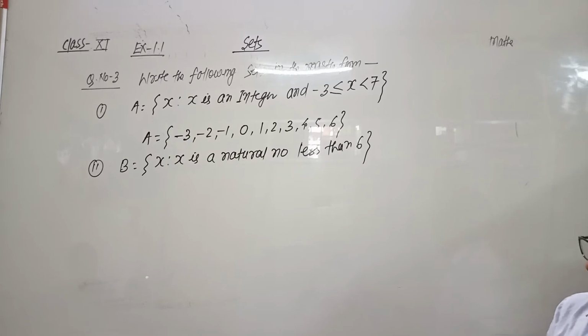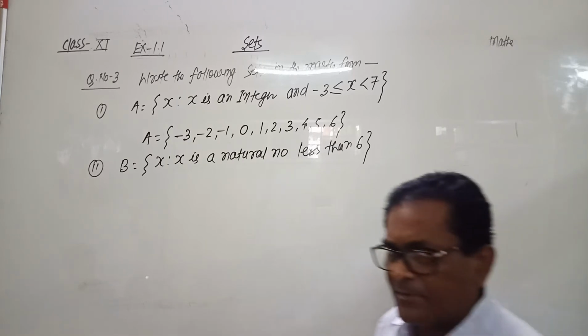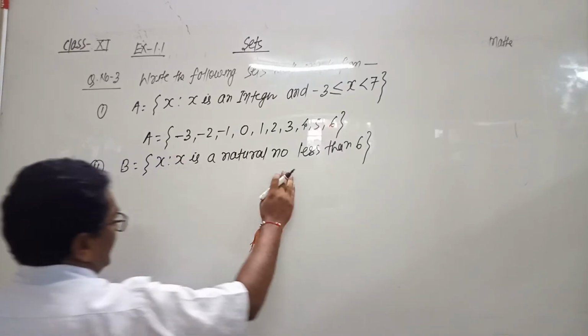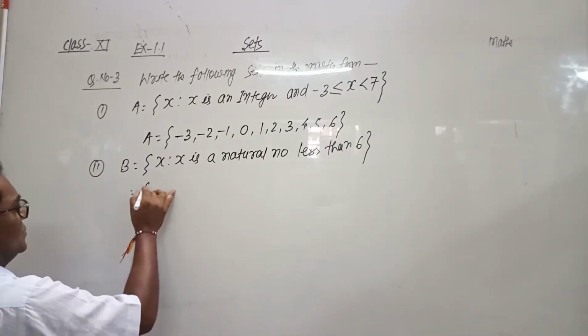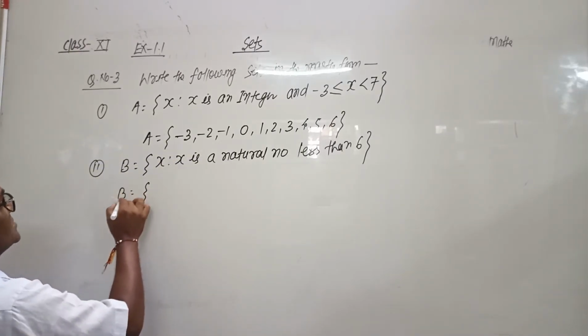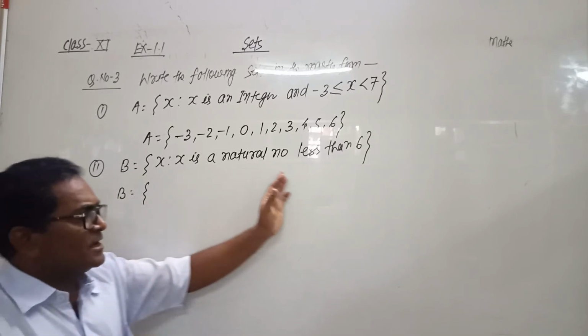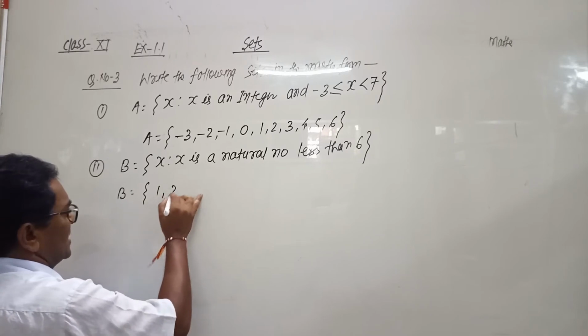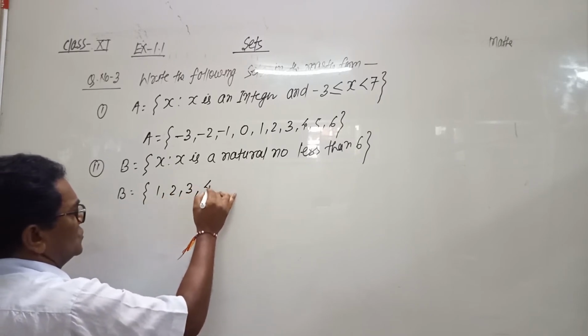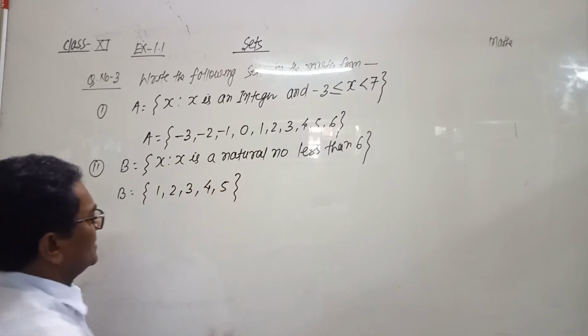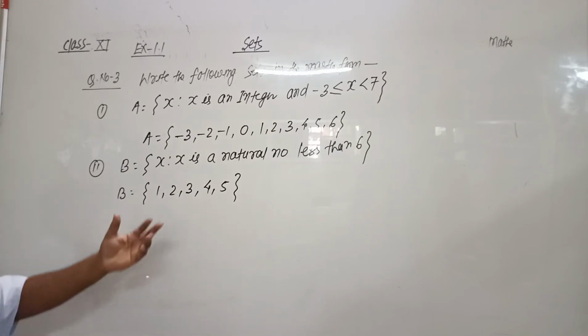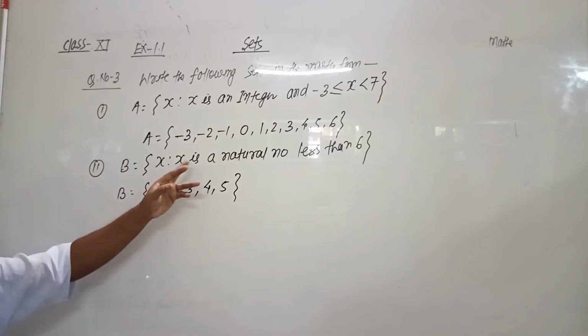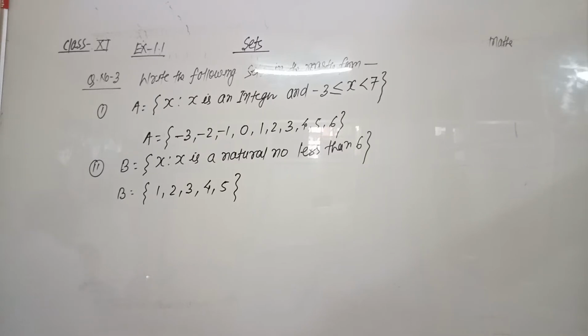The roster form is listing the elements separated by commas within the bracket. So अपन लिस्ट करेंगे एलिमेंट्स, कि कौन सा नेचुरल नंबर जो कि 6 से छोटा है. तो नेचुरल नंबर स्टार्टेड फ्रॉम 1. So 1, 2, 3, 4, 5. So this is in the roster form, and the question was given in the set builder form.